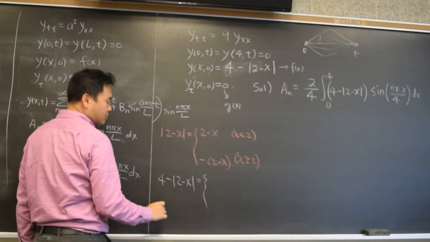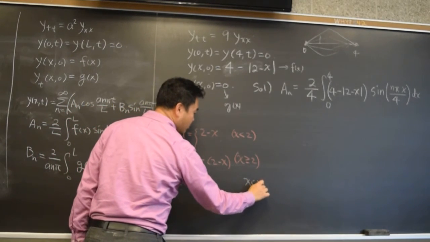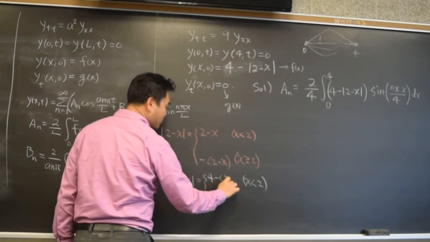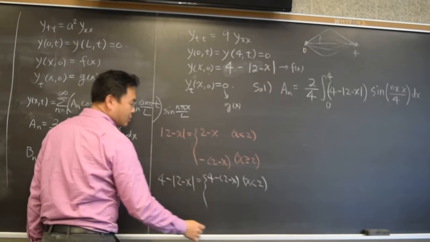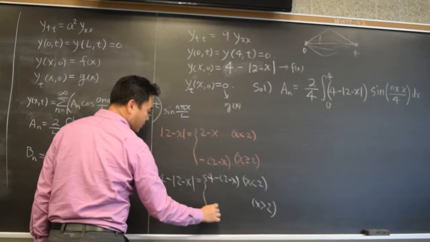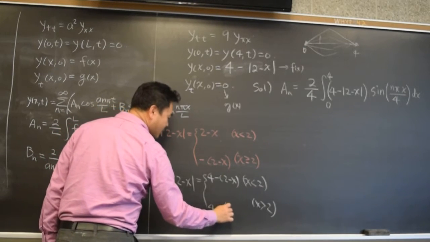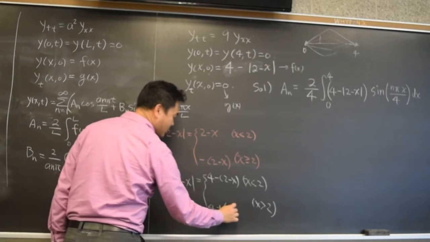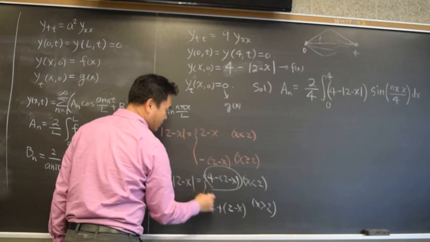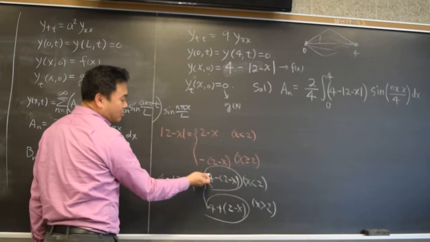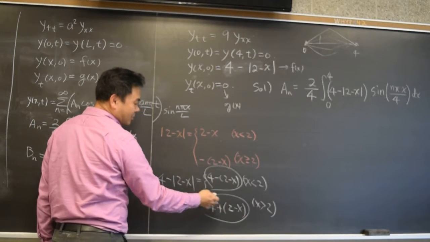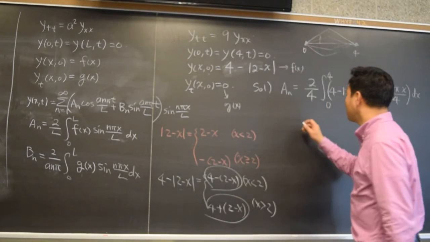When x is less than 2, it doesn't change. But if x is bigger than 2, then it will be 4 minus negative (2 minus x), so it will be 4 plus 2 minus x. Okay? So it will be these two functions. And of course, you should simplify further because 4 minus 2 is 2, so this will be 2 plus x, whereas this will be 6 minus x. So that's what we will use.